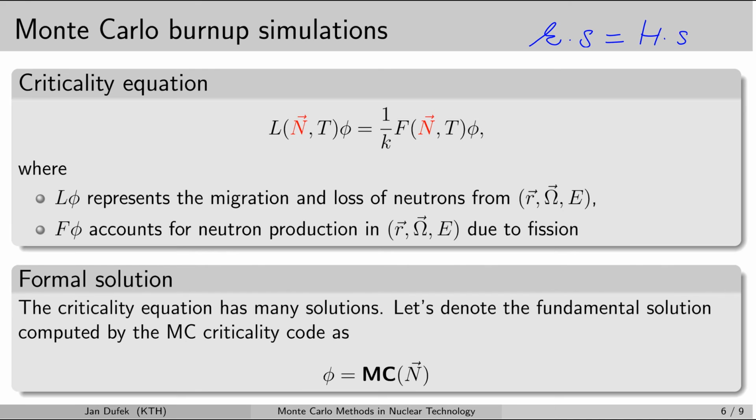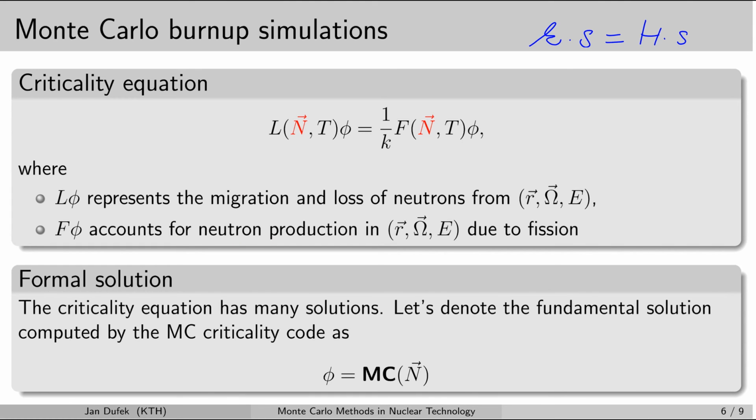You can write the criticality equation not only for the fission source but also for the neutron flux, and typically you can see it in this form. On the left hand side of the criticality equation there is the L operator, which accounts for the migration and loss of neutrons, and on the right hand side you can see the F operator, which accounts for the neutron production.